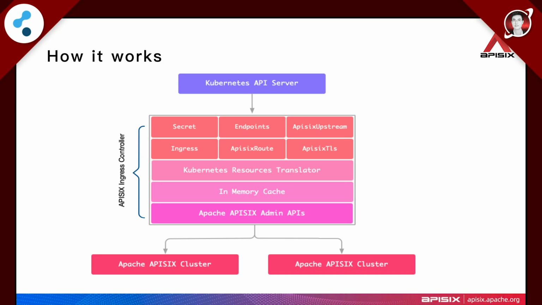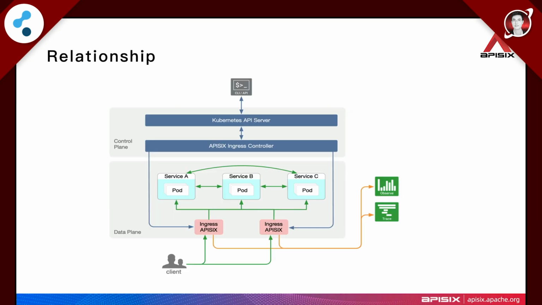Then the changed resource objects are converted and compared, and finally the resources are synchronized to the Apache APISIX cluster by invoking admin APIs. So this diagram fully shows the relationship between Ingress controller and Apache APISIX. Apache APISIX Ingress controller is used as a control plane to calculate and synchronize resource configuration between Kubernetes and the APISIX cluster.